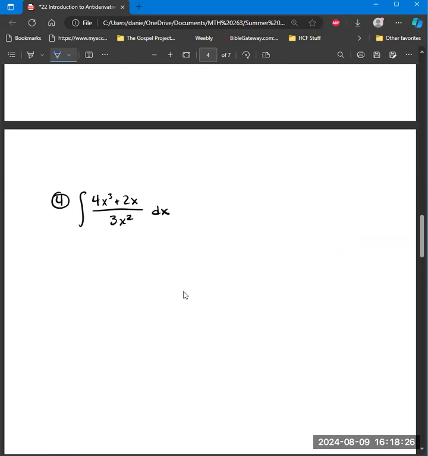Let's go ahead and split these up. First, we've got a monomial in the denominator, so 4x cubed over 3x squared plus 2x over 3x squared dx.